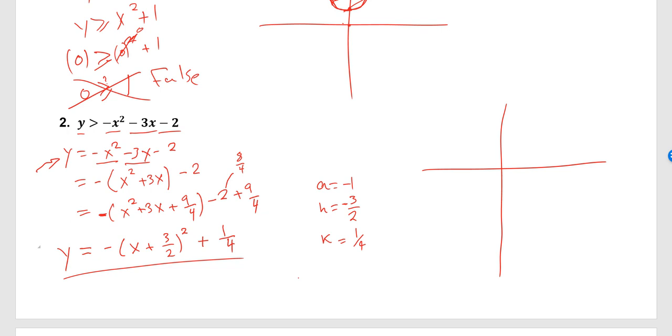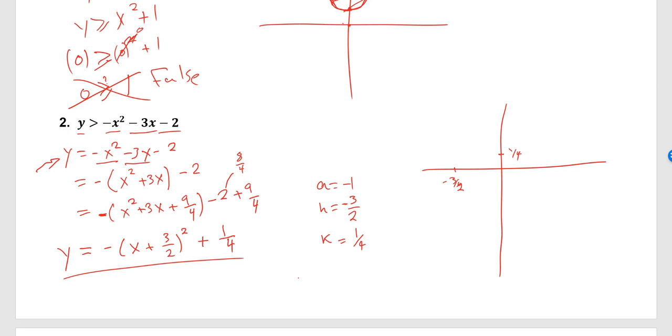Okay? So let's put the vertex. The vertex is at minus 3/2 and 1/4. So minus 3/2 on x, right? And then up 1/4 on y.